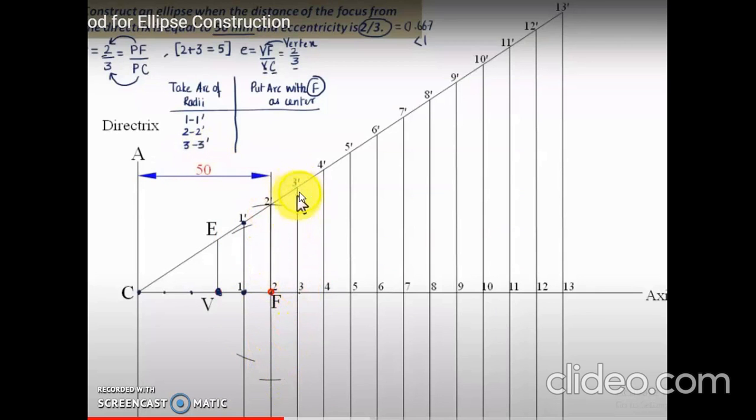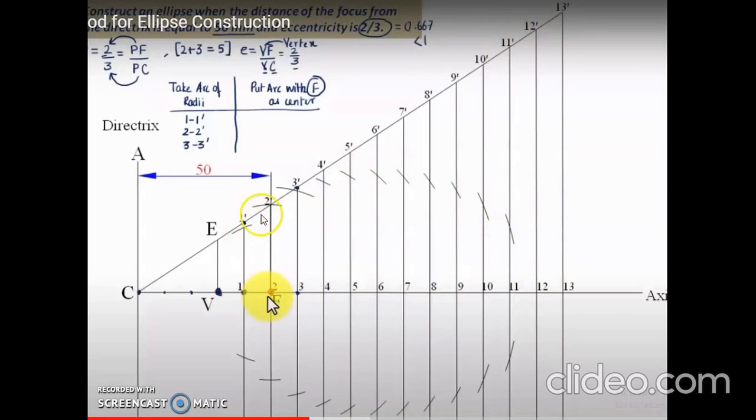Similarly, 3 dash as the radius, with F as the center using the compass, draw an arc on both sides. Similarly 4 dash, with F as the center, and likewise 5, 6, 7, 8, 9, 10, 11, 12. So we will get the arcs like this.